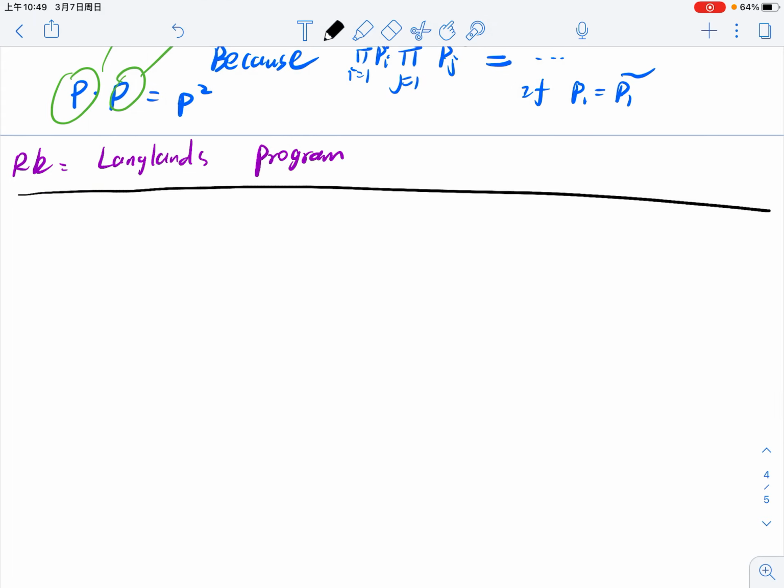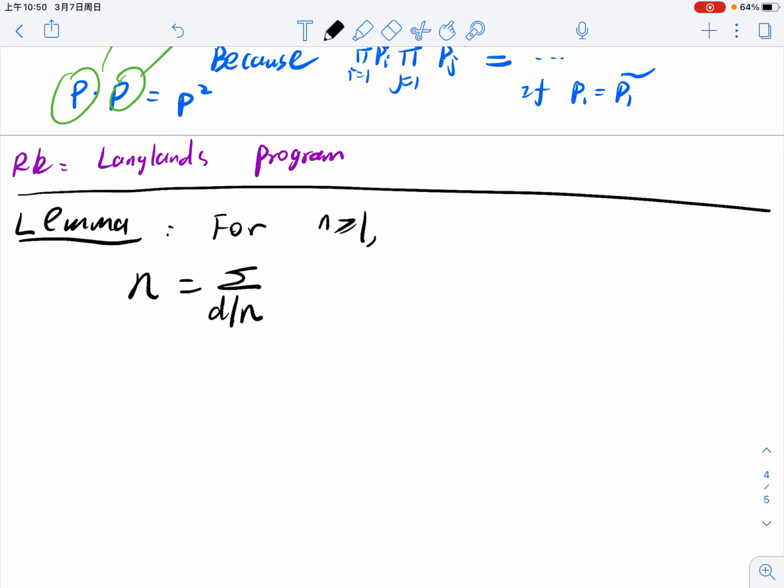Okay, and now we look at another very interesting and elusive lemma. For any positive integer n, we have the following very interesting identity: n is a summation of all the phi d, where d runs over all factors of n.